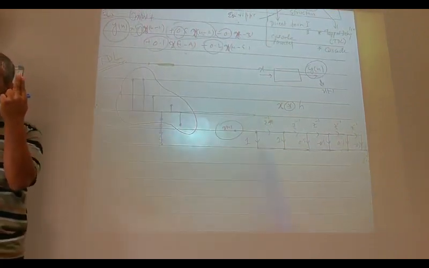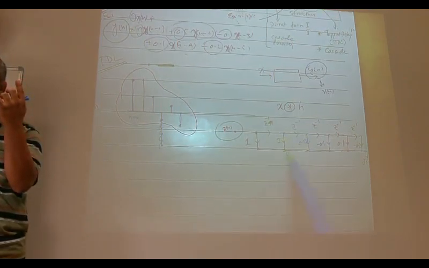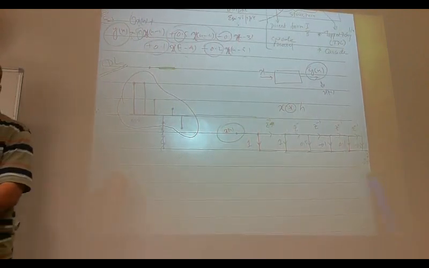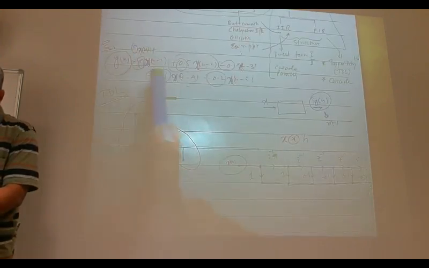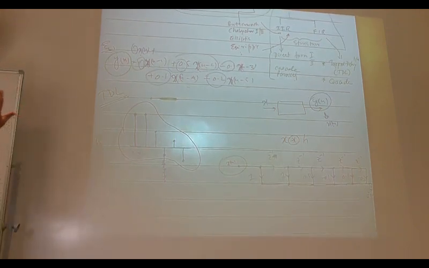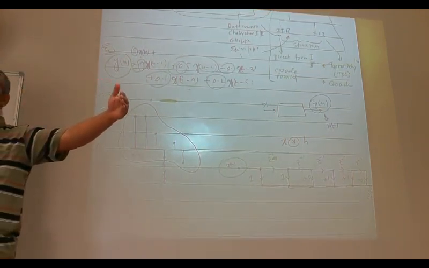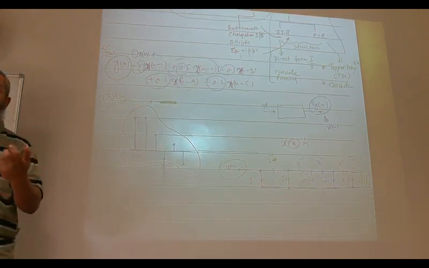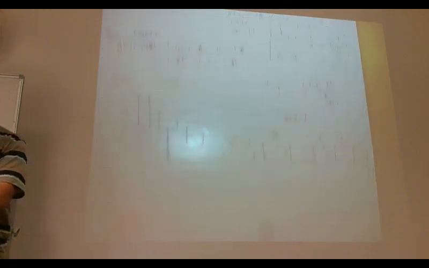The second sample comes in, which is the delayed version, multiplied by 1, added with the previous one, and so on. So the correct result of y of n will appear only when you have 1, 2, 3, 4, 5, 6 input samples available. So the longer the filter, the more samples are needed first to make it possible for this filter to filter. But this is the general structure.